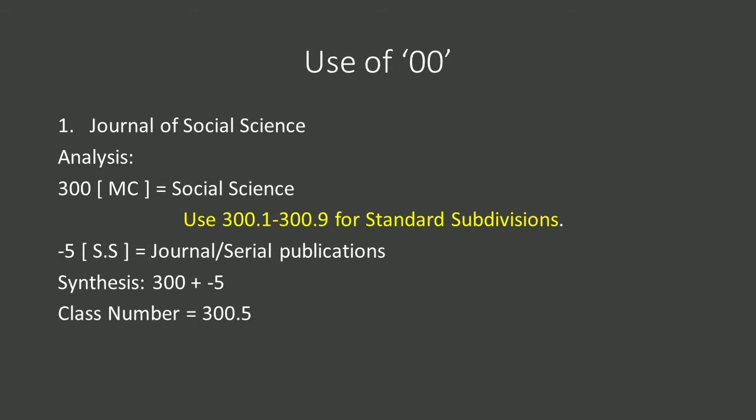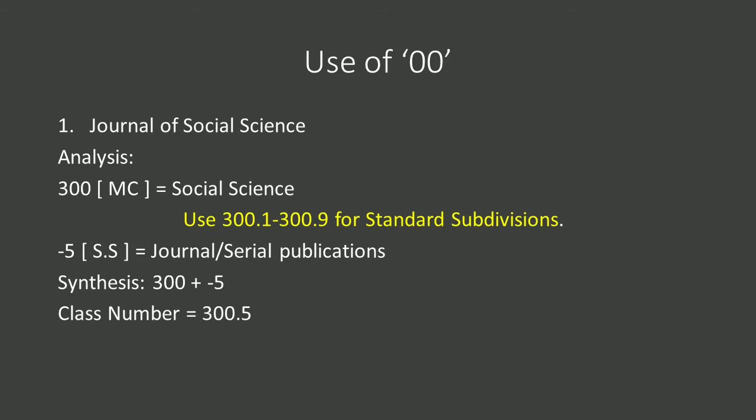But in our previous video I discussed that if there are 2 zeros or 1 zero at the end of the main class or the subdivision of the main class, we have to remove that zero. But in this case I have not removed these 2 zeros, because there is an instruction to use the standard subdivision in this way. That is why I have not removed the 2 zeros from the main class.